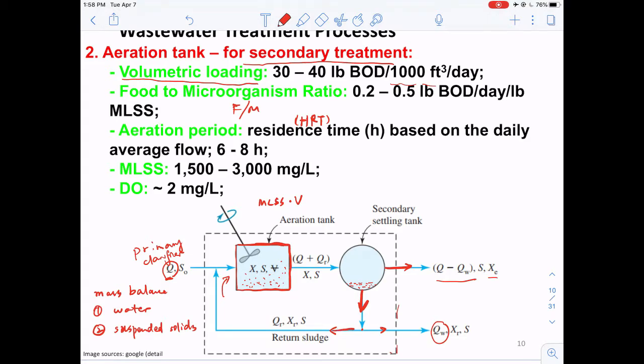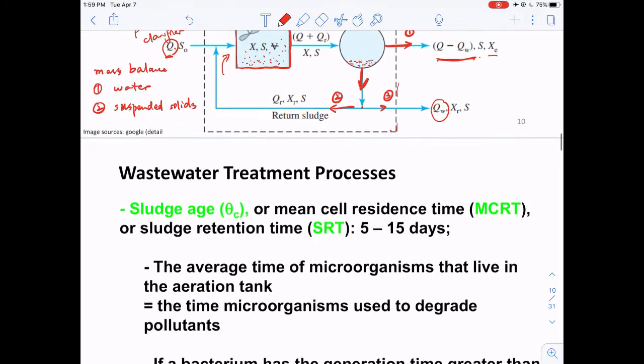And then some of them are going back into the aeration tank, right? Some of them are going to get emitted as a waste. So if we label them out, this is route 1, this is route 2, this is route 3, then the suspended solids are going to be conserved through these three routes here. So 1 plus 2 plus 3. Okay. So further, we can use the concentrations or the flow rates of these suspended solids here, and build up this mass conservation or the mass balance. So we can go through some practice later on here.